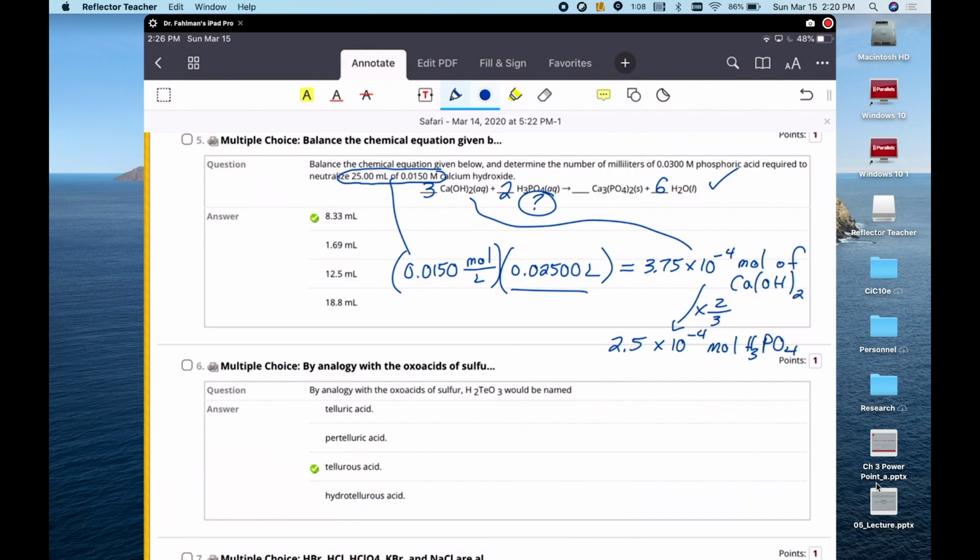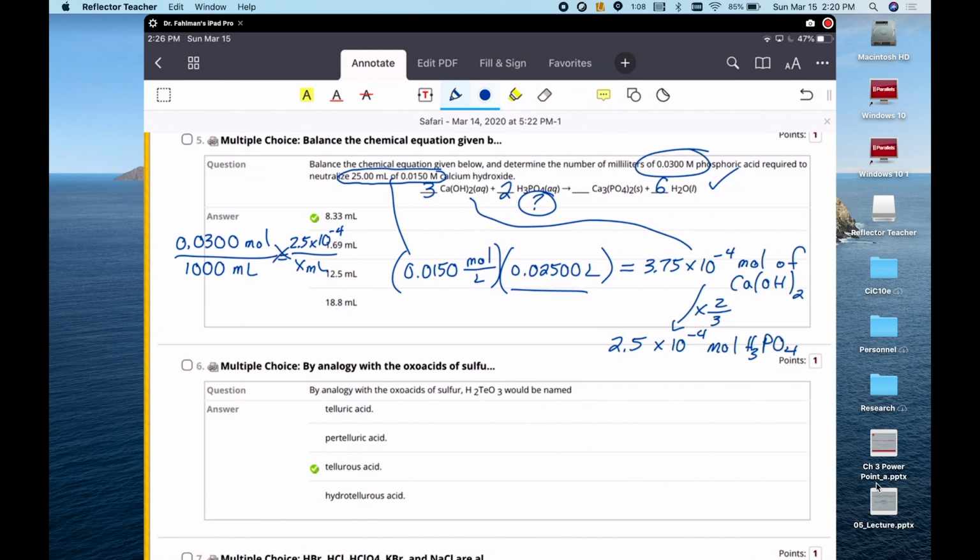You're given the molarity of it, so 0.03. The way you can figure out volume then is set up a little ratio. If you have 0.03 moles in 1,000 mL, or in 1 liter, then how many mL in this 2.5 times 10 to the minus 4?